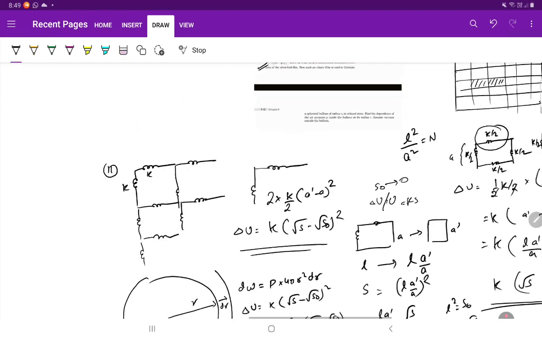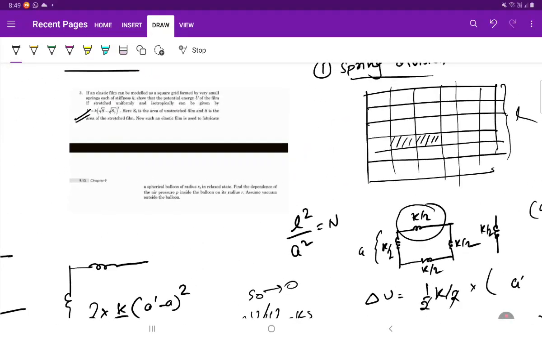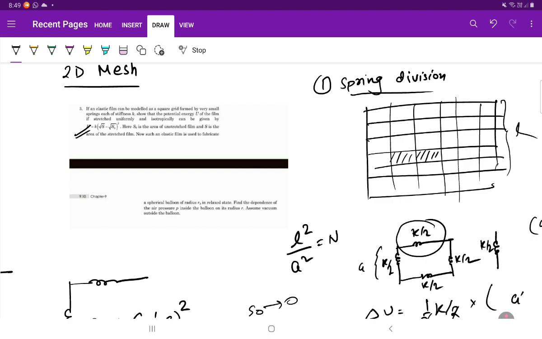A very important thing to note here is that a 2D spring mesh is like a spherical drop, or you can say a 2D wire mesh is like a bubble or a soap film. You can say it's like a soap film with only one surface. Unlike in a soap film, where there are two surfaces, it has only one surface.